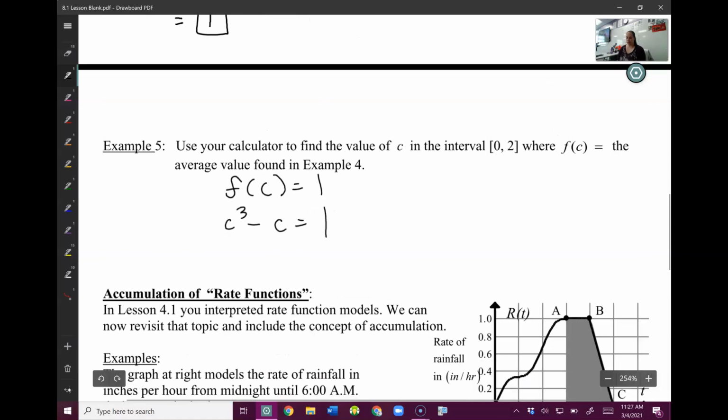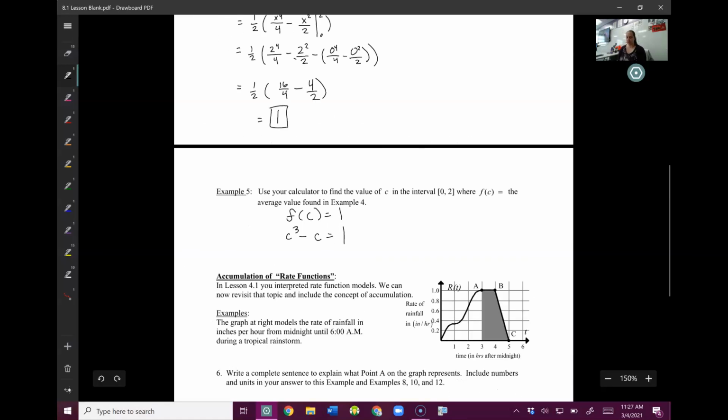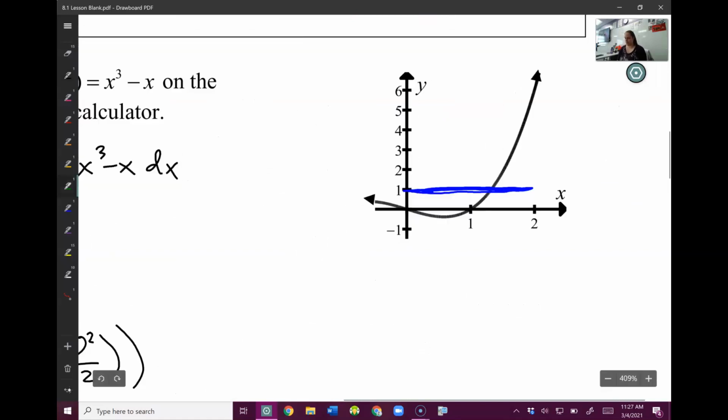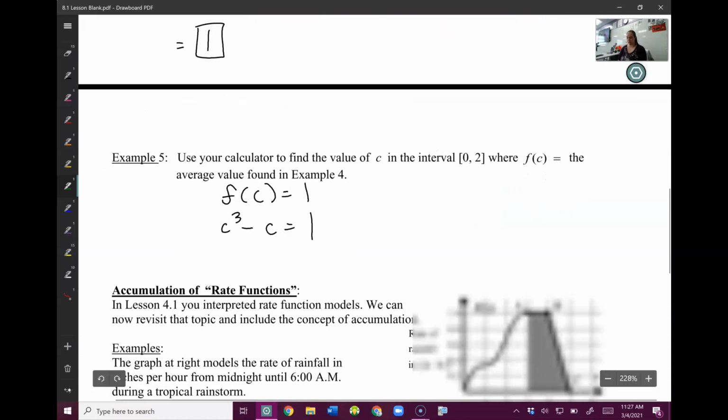And I basically want to solve this. So this is essentially saying, if I go up here on my graph, what x value gives me this average value there. That's what we're solving for.